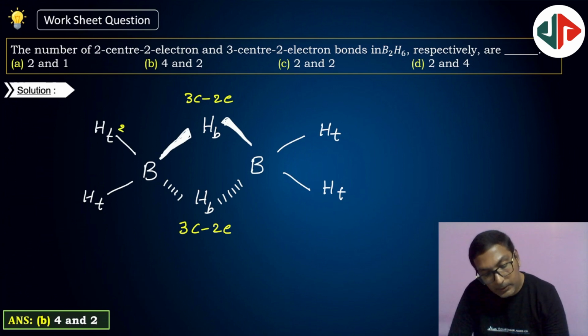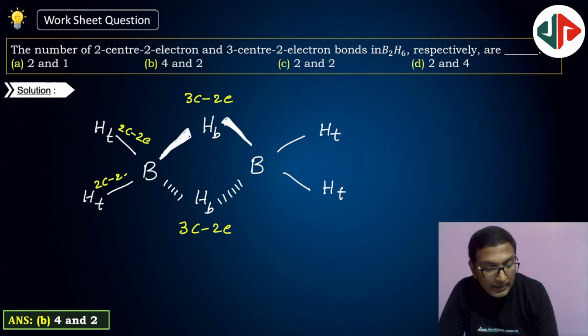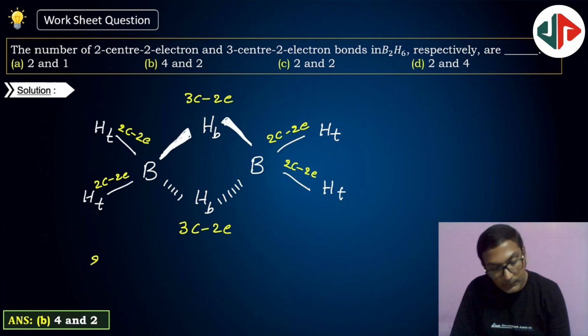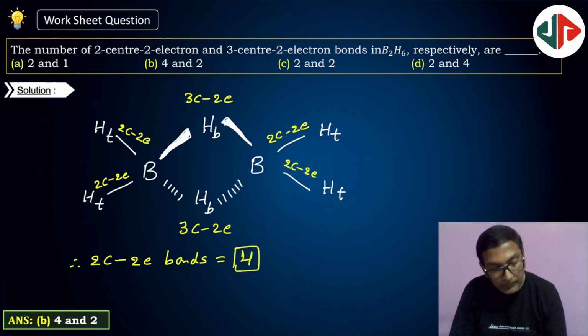Remaining all are 2-centered 2-electron. So total 2-centered 2-electron bonds equal to 4 and 3-centered 2-electron bonds equal to 2.